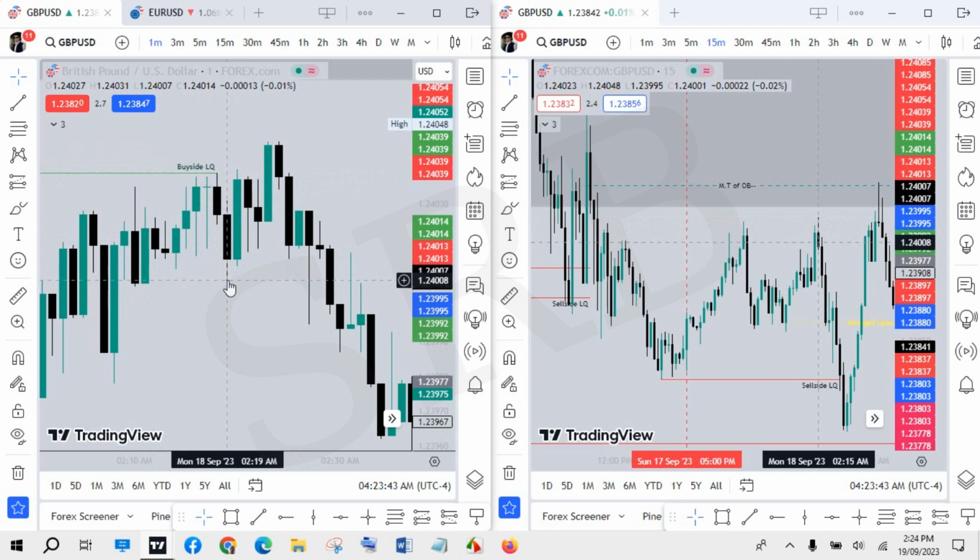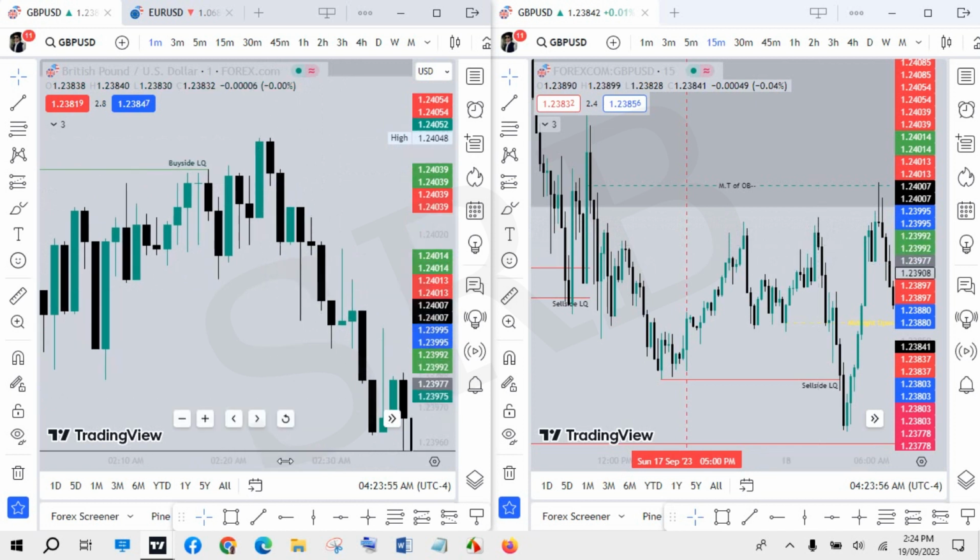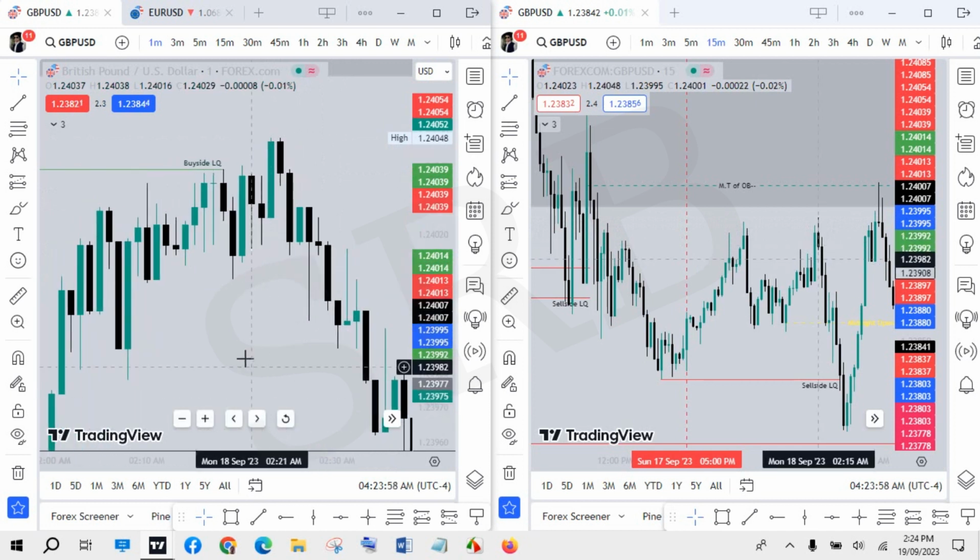Then goes lower, then goes higher, taking out the buy side liquidity, then coming lower, showing a willingness to decline lower.